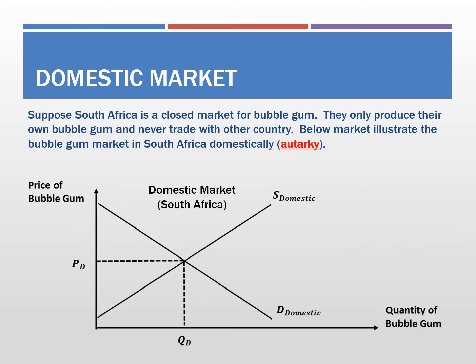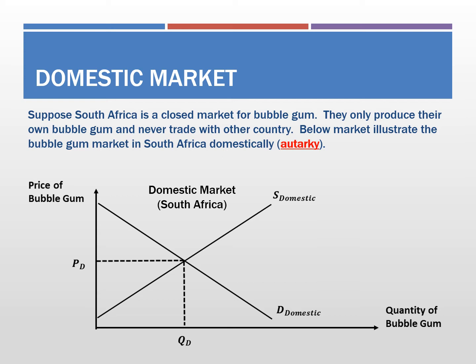So we start with an example. Imagine there is a country called South Africa, and we are assuming that South Africa is a closed economy. They don't trade with anybody in the world, and they have this domestic market for bubblegum.